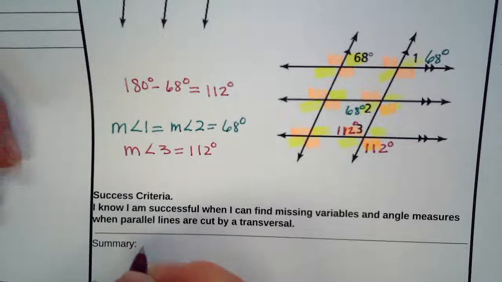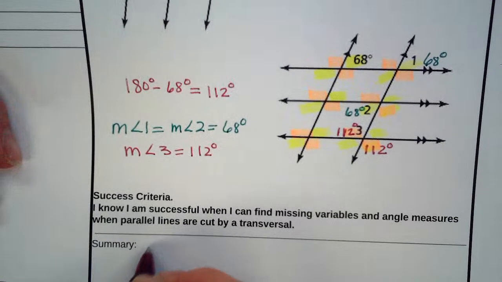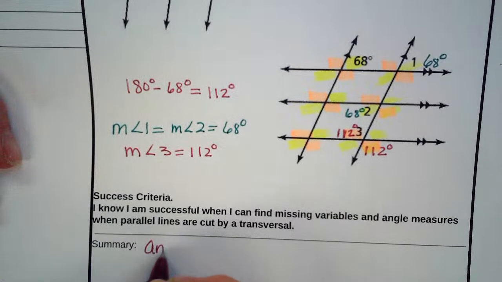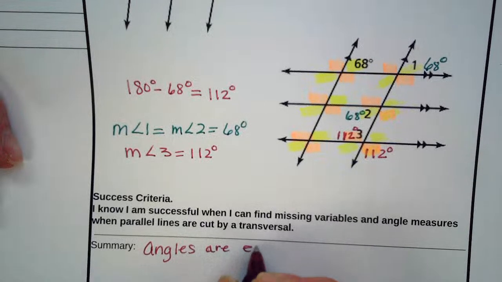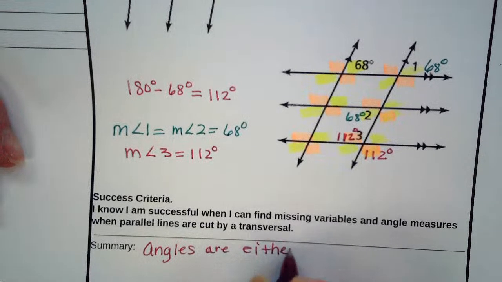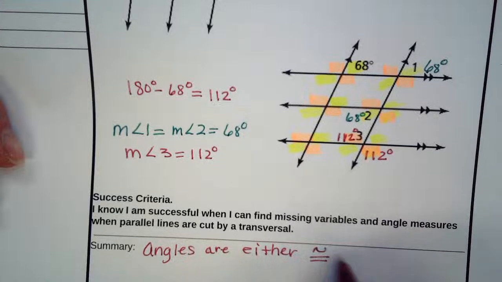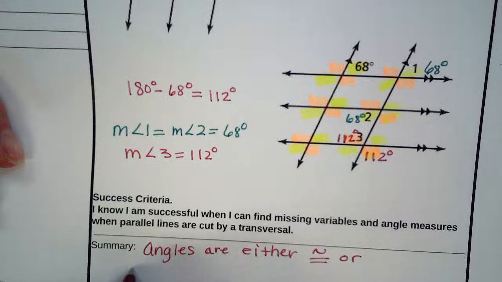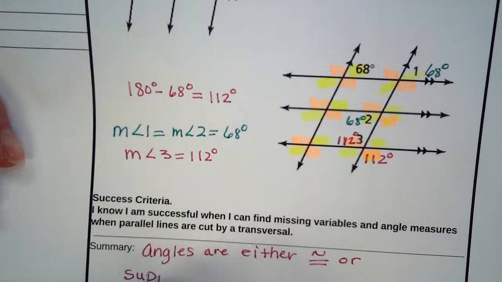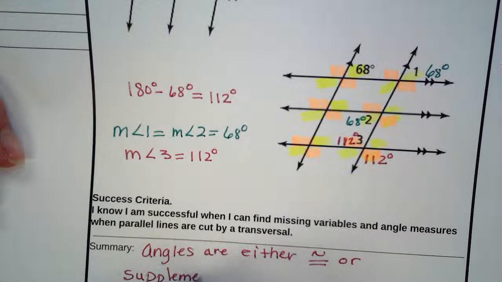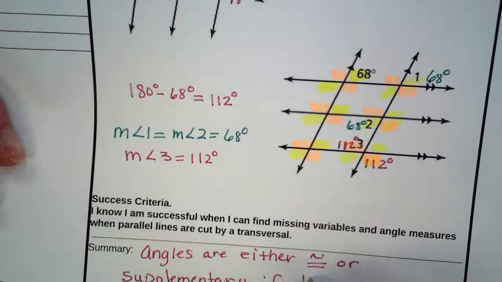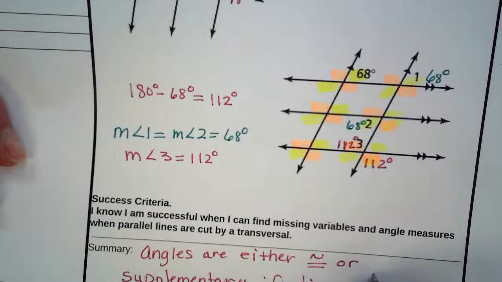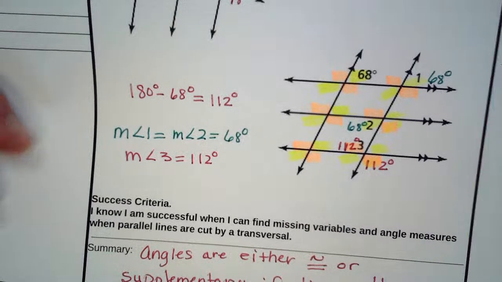So think of all the different pairs we have. They are either congruent or supplementary if the lines are parallel. Go and use the symbol there.